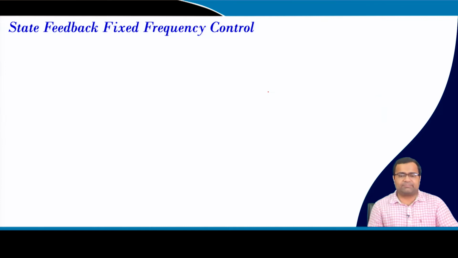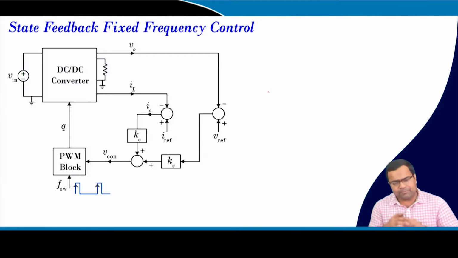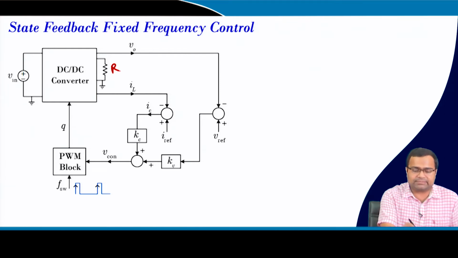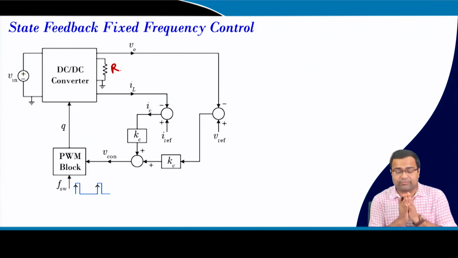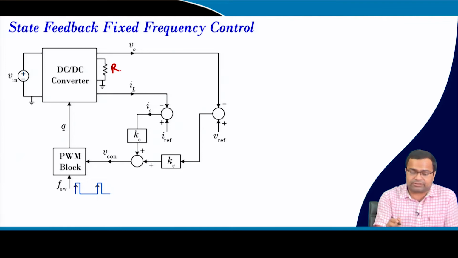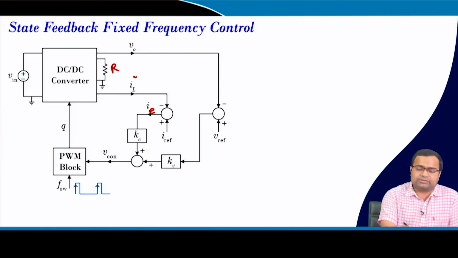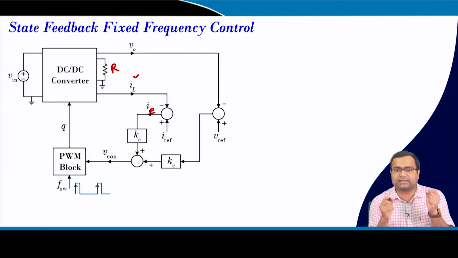So, state feedback fixed frequency control. If we take a DC-DC converter and here we are considering a resistive load, in this converter, if we consider this is my error current, if we consider inductor current, because in current mode control we also sense inductor current.